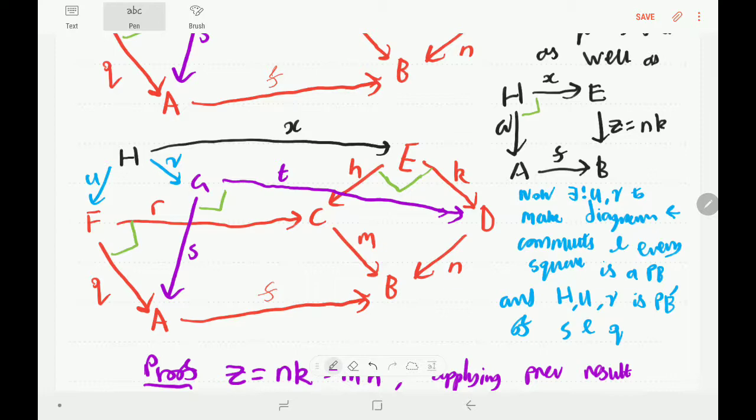Every possible pullback square you could have in this cube is a pullback.